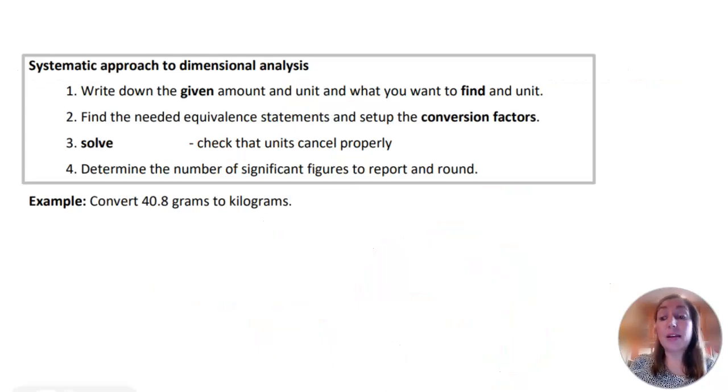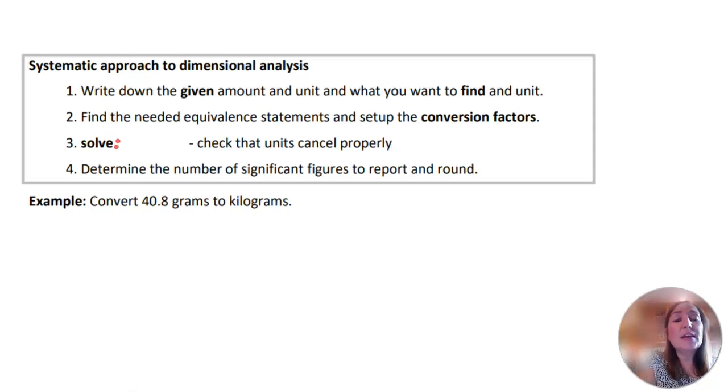So we need this systematic approach to dimensional analysis. We're going to write down our given amount and our unit, and then the unit we want to find. So like I did, blah, blah, blah centimeters, we want to go to inches. We need an equivalent statement, so find the needed equivalent statements and set up the conversion factors. And we need to solve the math.